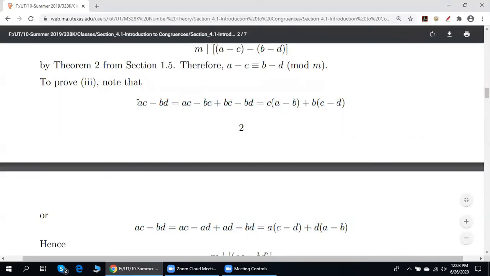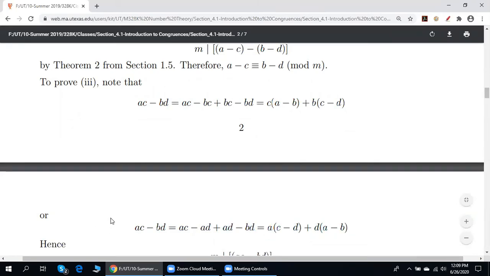It is enough to do either this or this. Here is why. Over here, factor out C, done. Factor out B, done. Or if you prefer this approach, factor out A, done. And factor out D, done.